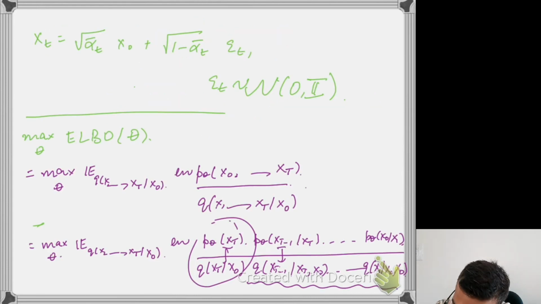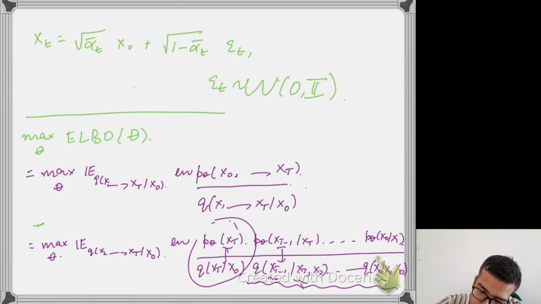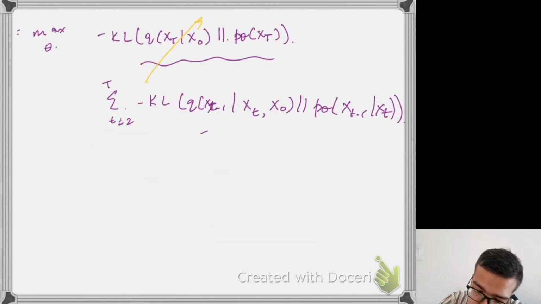Here small t is summed up to capital T and it starts from 2, right? So 2 to capital T. But note that this KL divergence will essentially take expectation over xt minus 1, but we also have to take expectation of xt given x naught. So outside these KL terms, we have expectation of q of xt given x naught of this quantity.